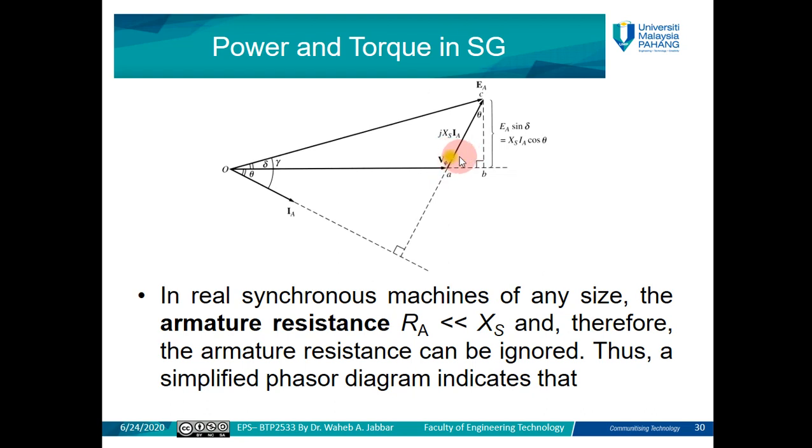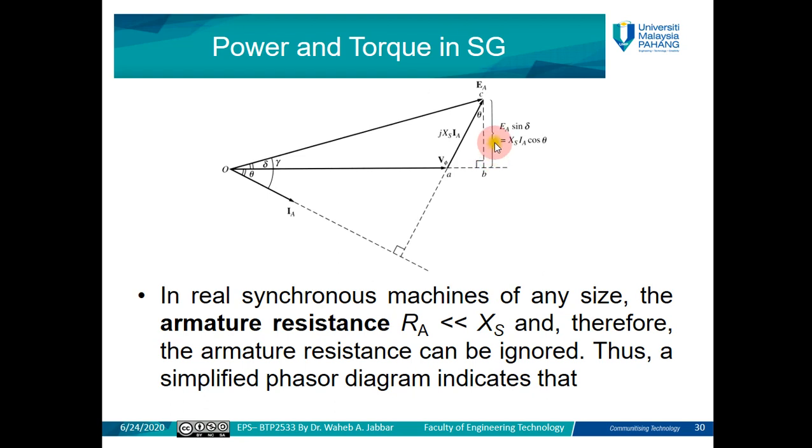As we can see from this diagram, the V phase is less than the EA. V phase is the voltage that we take from the terminal of the synchronous generator for one phase, and EA is the induced voltage in the armature winding. So EA here is greater than V phase because we still have some losses in the armature winding, or the armature reactance, or the synchronous reactance that we mentioned before.